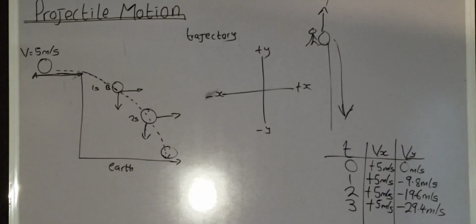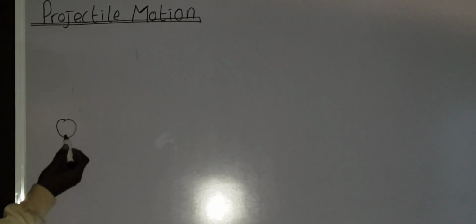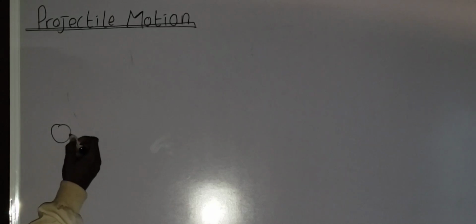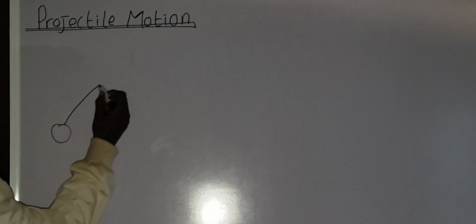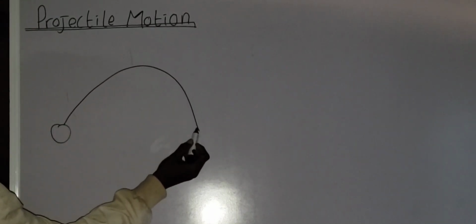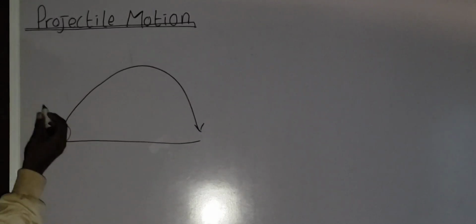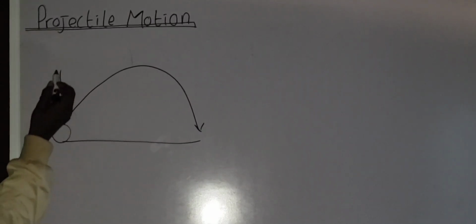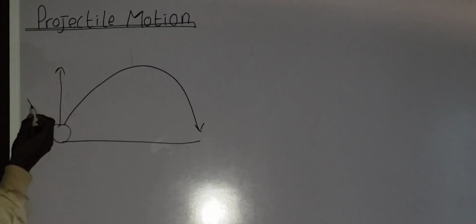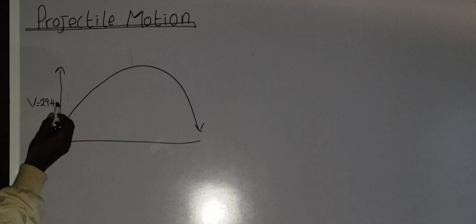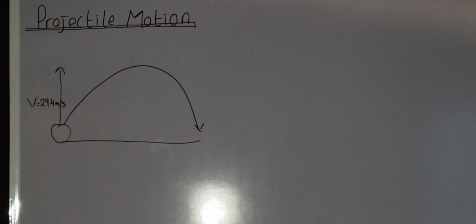Okay. Now let us have another example. Okay, let's say we have a ball here, and the ball was kicked. And then it travels through this trajectory path. You understand? Okay. Let's say the ball was kicked with a velocity of 29.4 meters per second. Do you understand? Let's say the ball was kicked with this velocity.